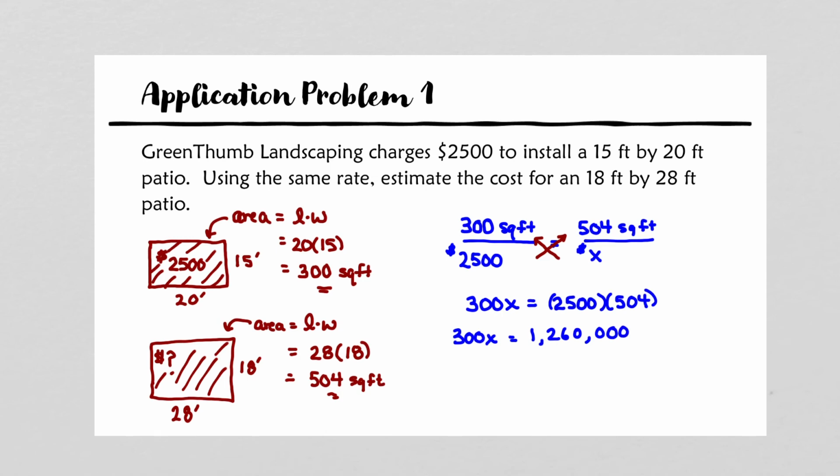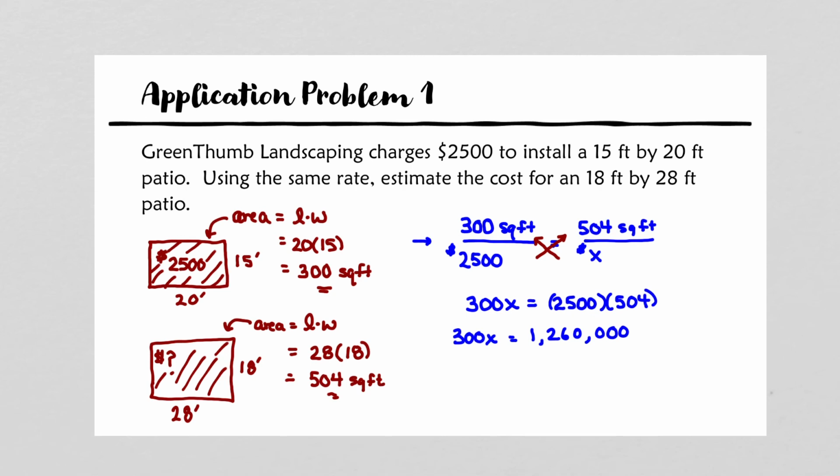Now, I don't know about you, but I am not a fan of really big numbers. And so personally, I might have taken my original proportion right here and reduced down the 300 over 2,500 right at the beginning by crossing out the zeros.